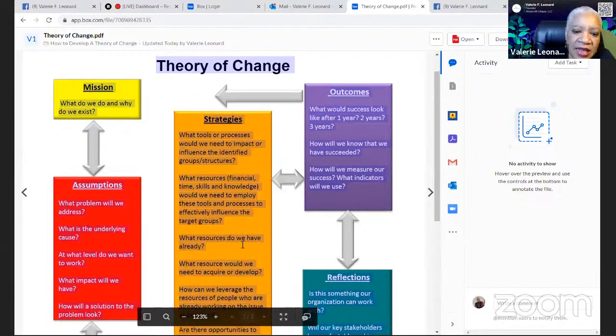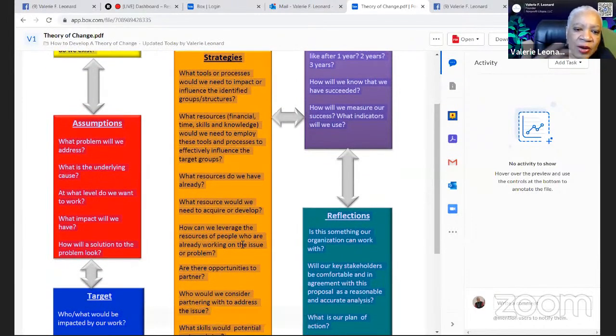And so at that point, you ask yourself questions like, they don't have to necessarily be these exact questions, but questions like, what tools or processes would we need in order to impact or influence the identified groups and structures? What resources, and that could be financial, time, skills, and knowledge, would we need to employ these tools and processes to effectively influence the target groups?